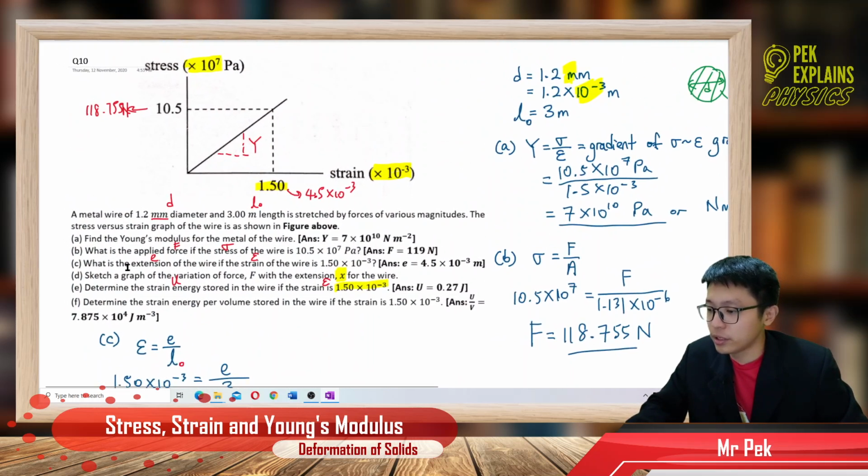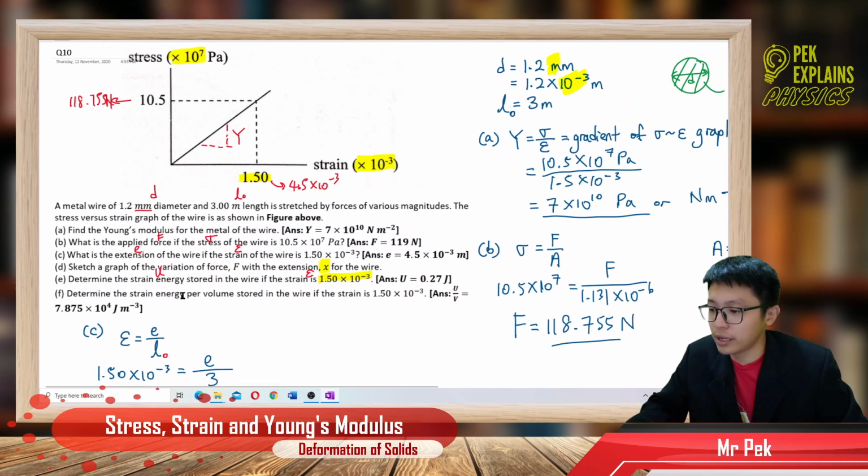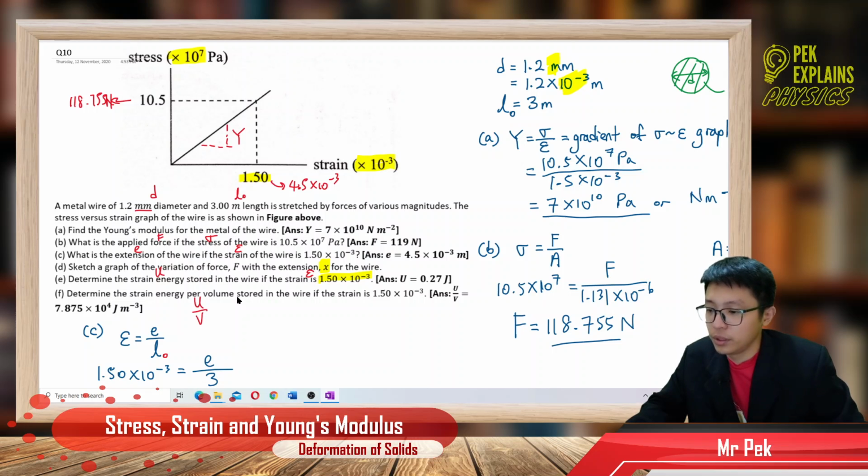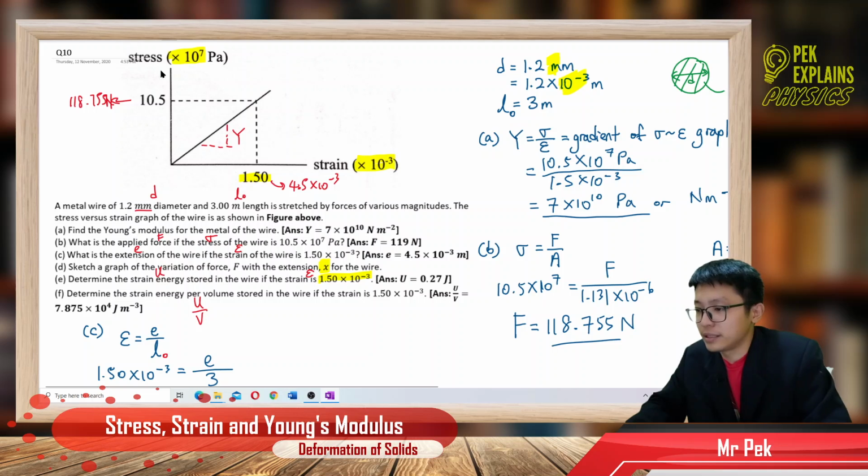Now, question F. Determine the strain energy per unit volume. Now I want the strain energy per unit volume if the strain is again the same strain, 1.5 exponent negative 3.